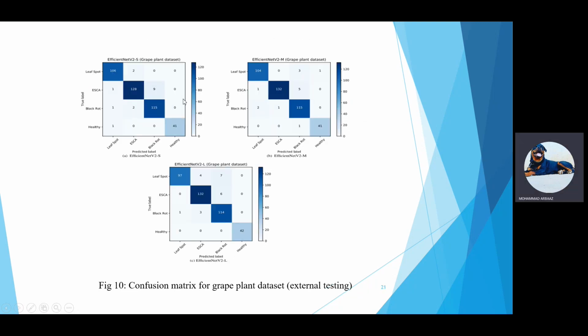And this is also a confusion matrix, but it is for the grape plant dataset. Last it is shown for the cardamom plant dataset, but this slide is discussed about the grape plant dataset.